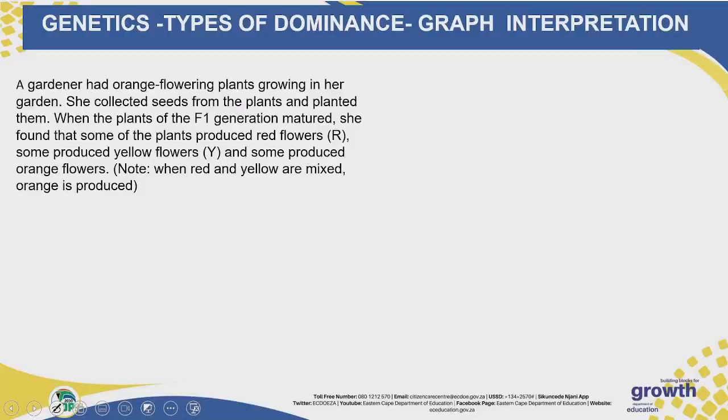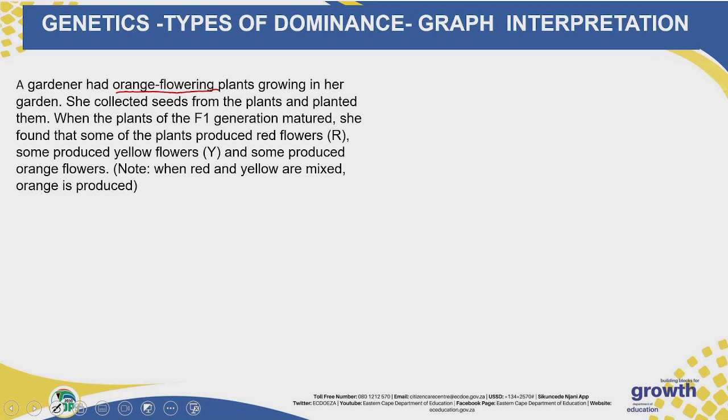Now remember, I told you what you must expect to read in a life sciences paper. This is a typical exam question, where it says that a gardener had orange flowering plants growing in her garden, and she collected seeds from the plants and planted them.